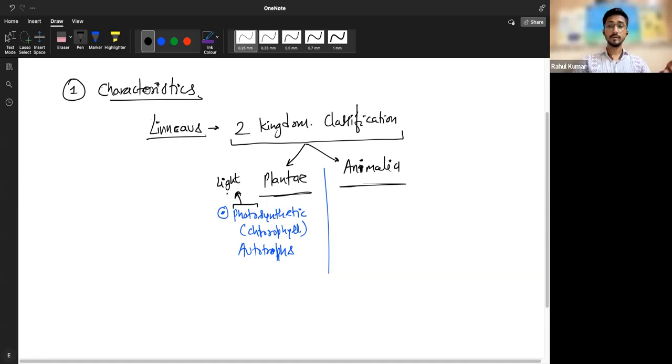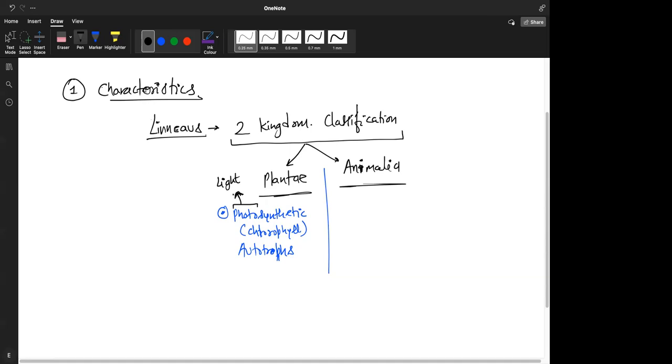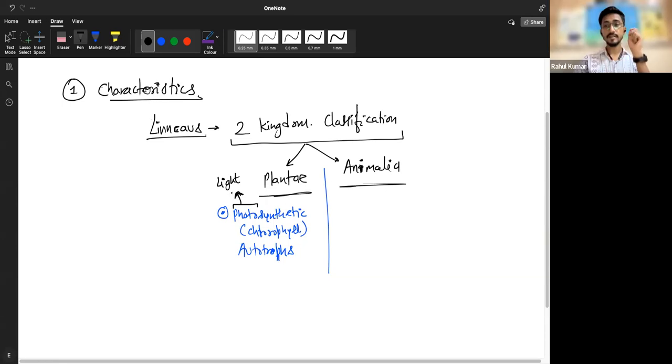You must have heard of a term called photon in physics. Right? Photon. Have you heard of photon? Yes. What are photons? Photons are small energy packets of light. Okay. Light is an energy, right? Light is a form of radiation. And the word synthesis or synthetic. So this word comes from synthesis.